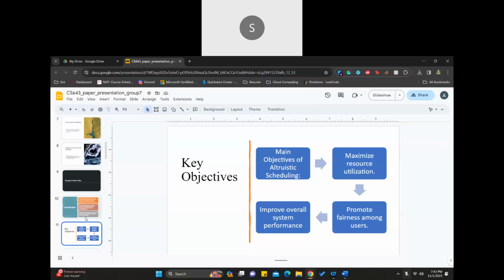When we go to improve overall system performance, here they mean that a well-optimized scheduling system can significantly boost the performance of the entire system by aligning tasks with available resources in the most effective way.